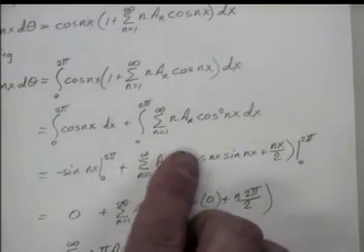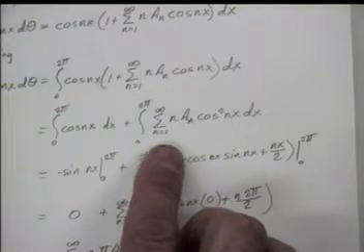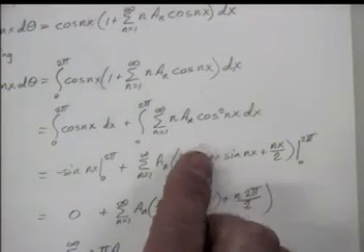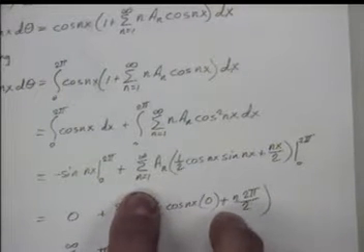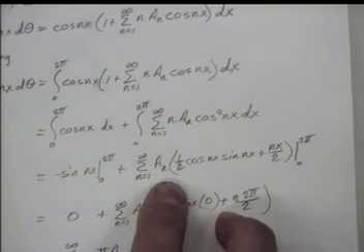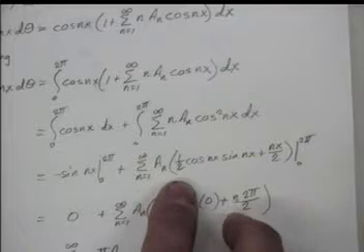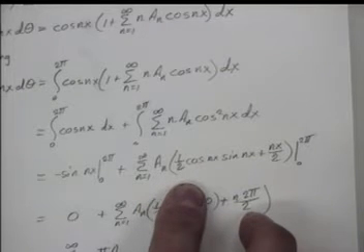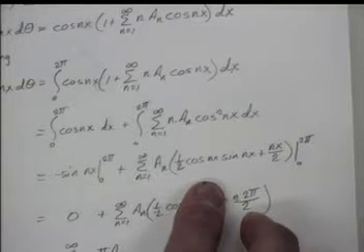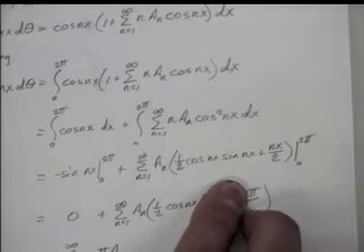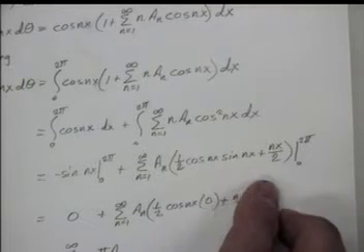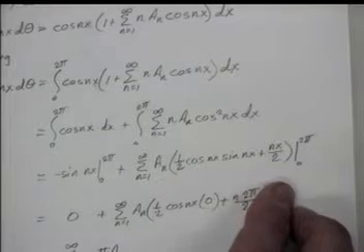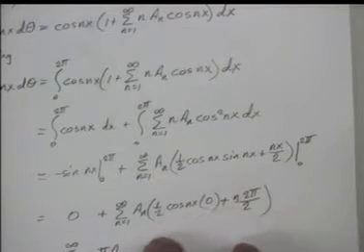Going back to continuing the integration of this term, we get a summation of a_n times the quantity 1/2 cosine nx sine nx plus nx divided by 2, evaluated from 0 to 2 pi.